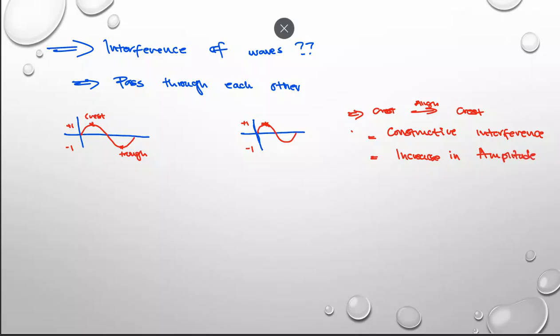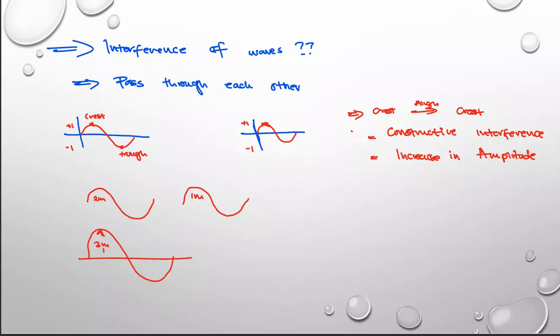So what I mean is that if these two waves meet, and the amplitude of this wave is 2 meters and the amplitude of this is 1 meter, what you are going to have is a wave with an amplitude of 3 meters.